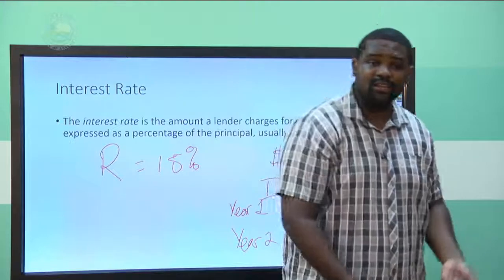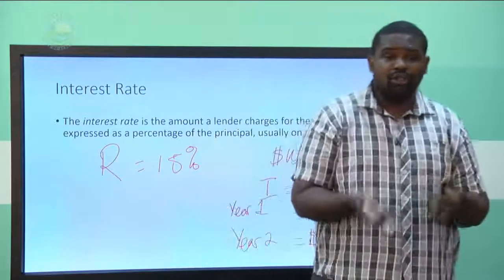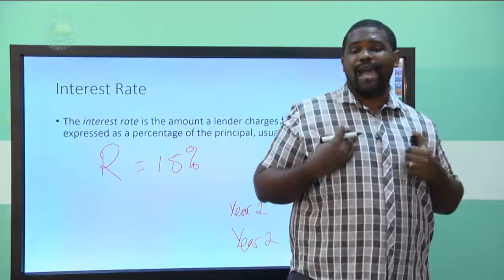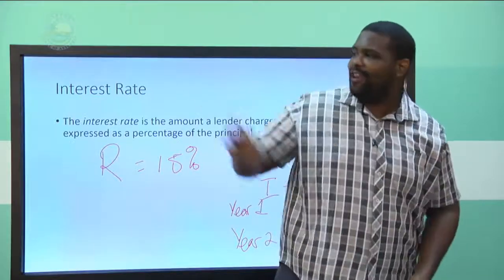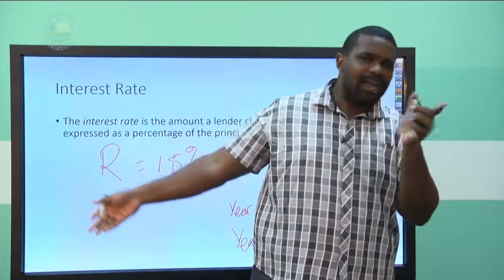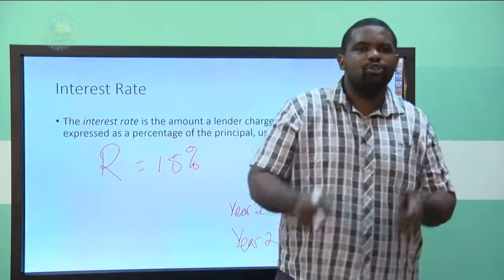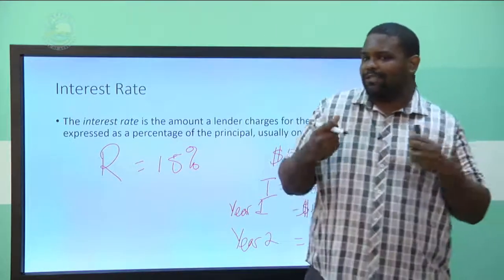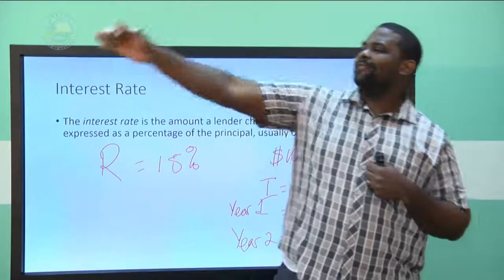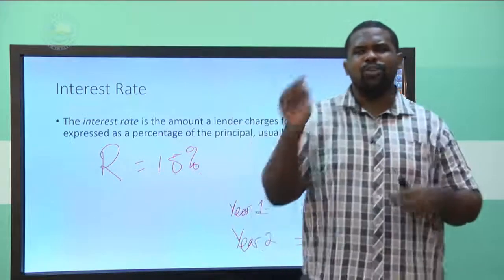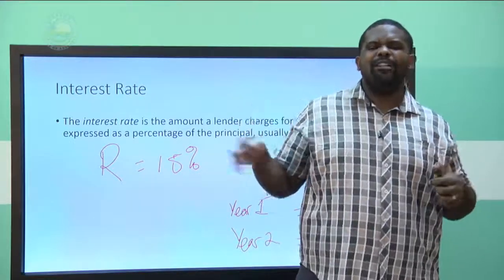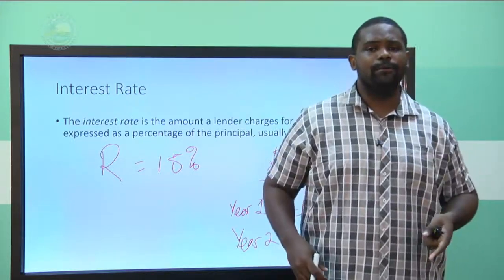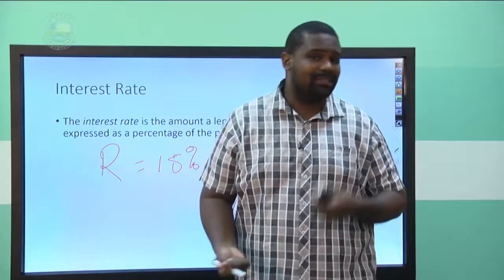The cost of living goes up. The value of a $100 bill goes down. So if I say I'm going to lend you $500 today, in 5 years from now, that $500 won't be able to do the same thing as it can do today. So I have to ensure that when that 5 years comes, the amount of money that you give me back will be able to do the same thing I can do today, plus a little bit more. And that's what interest is supposed to be all about.